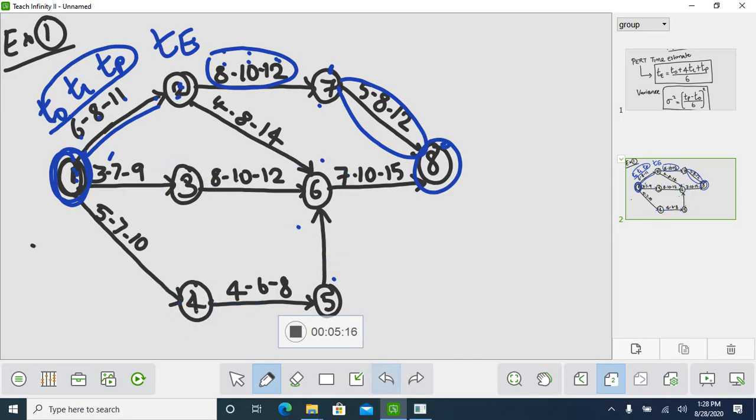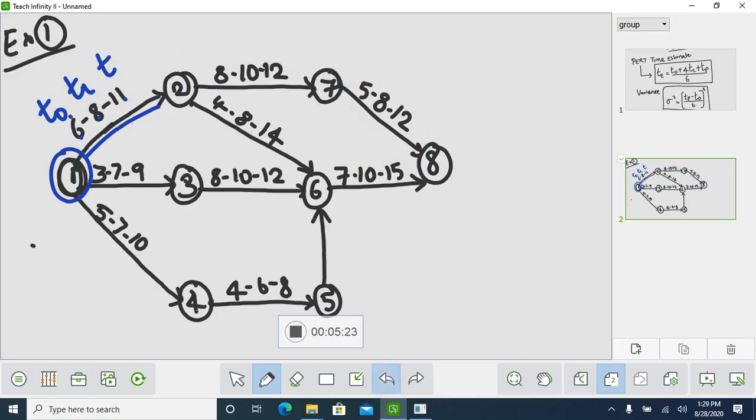So this is your question. Now we have to find how many paths are there to connect 1 to 8. From 1 to 8 you can see many paths.